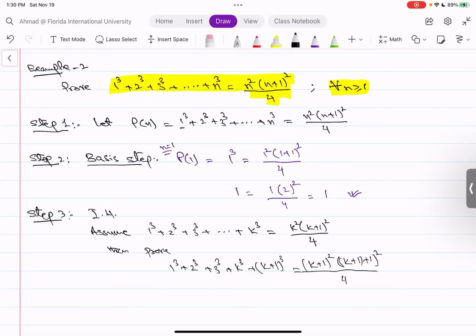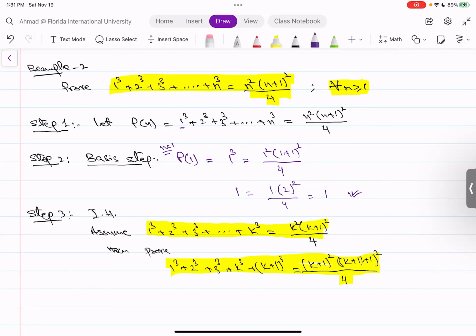So we are going to prove it for the k plus 1 value, right? Once again, we have set up our induction hypothesis that it is true for kth value. Then we have to prove that it is true for k plus 1 value. Then we'll assume that this is true, right? Then we will believe that it is true.